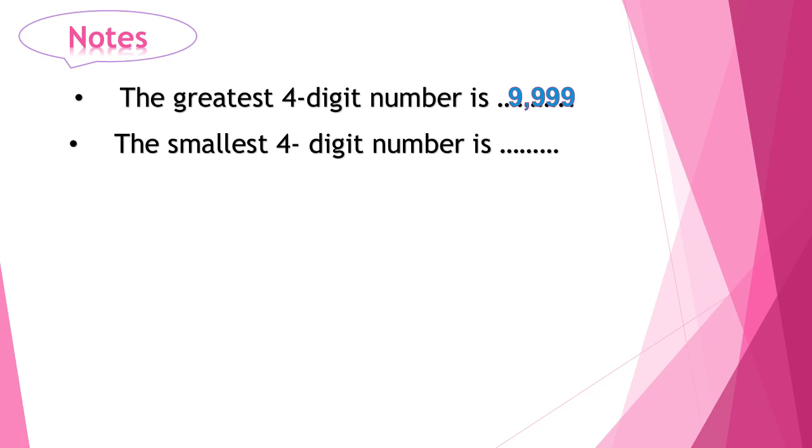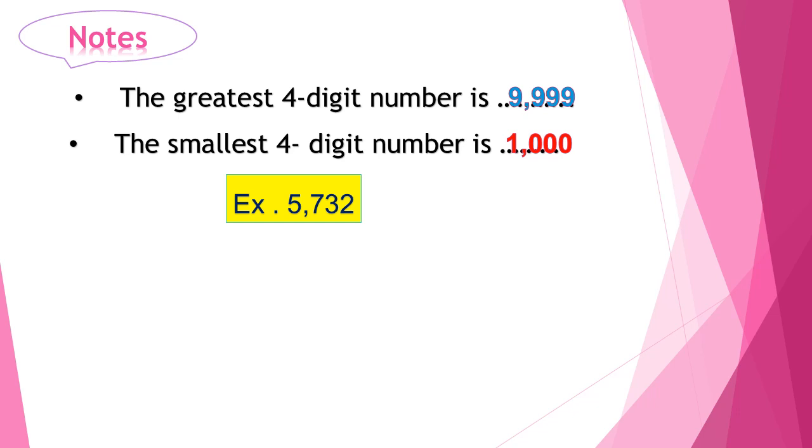The smallest four-digit number is 1,000. It's the first four-digit number. Before 1,000, I have 999. It's a 3-digit number only. So the first or smallest four-digit number is 1,000.